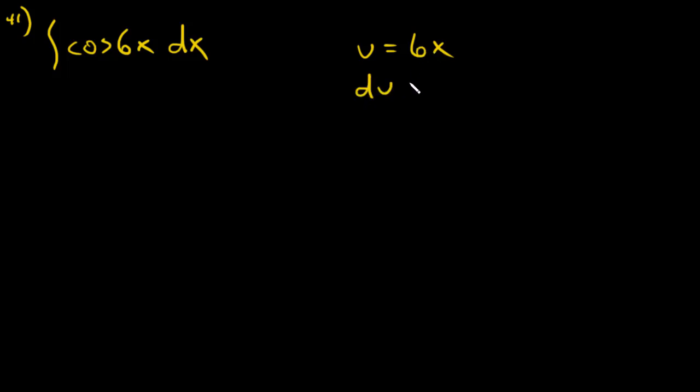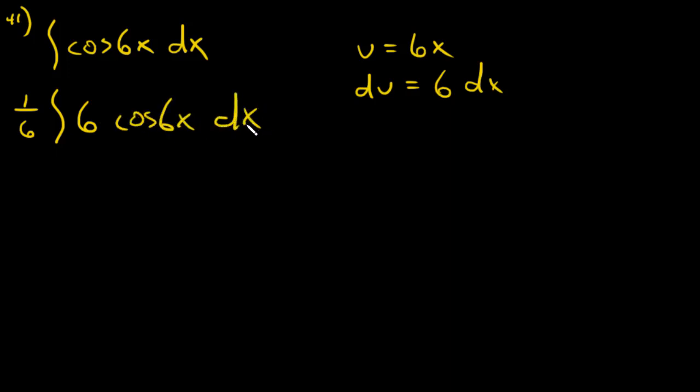Well, the du is just going to equal 6 dx. So what do I need inside of this integral? I need a 6. So I do a 1/6 on the outside. So 1/6 integral 6 cosine 6x dx. And so now I've got the 6 dx for the du. And so I can now do my substitution.